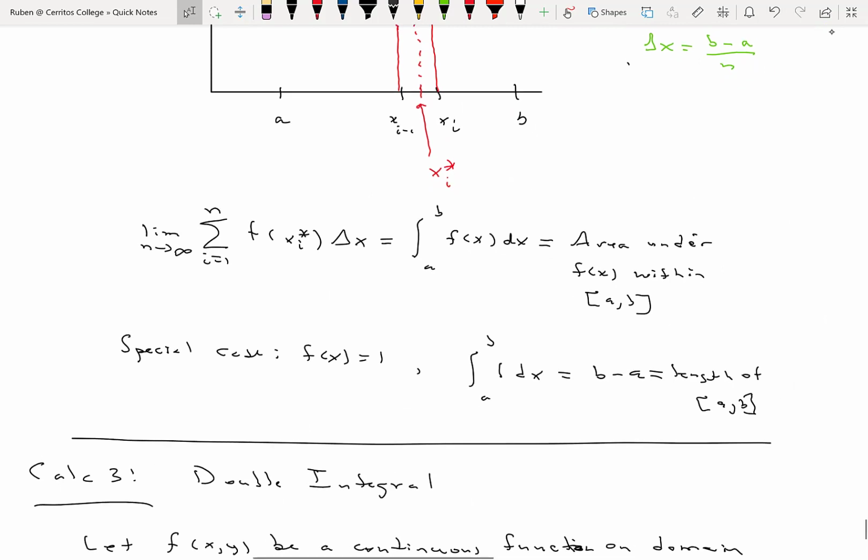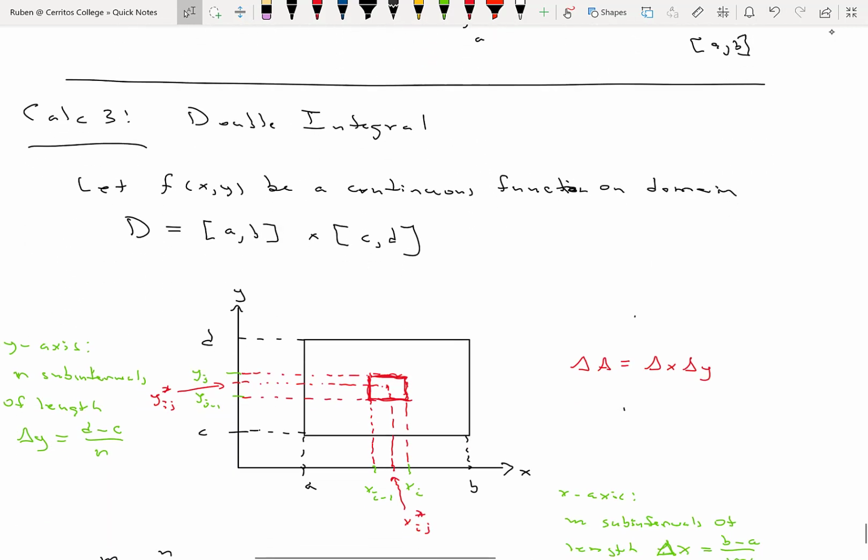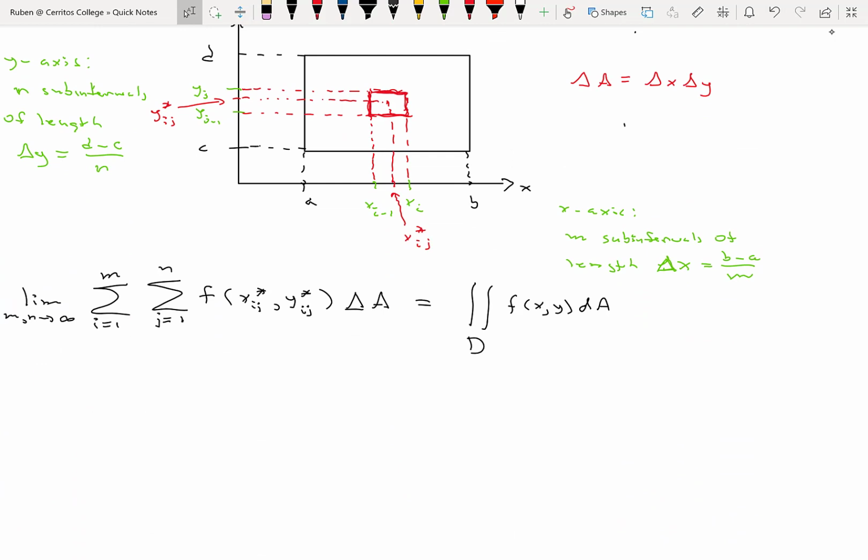But just as we had with the single integral, we got some interpretations right off. With the single integral, the integral of the function gave us the area underneath the function. In the special case where the function was 1, the integral gave us the length of the domain over which we were integrating. We have a similar thing going on here.